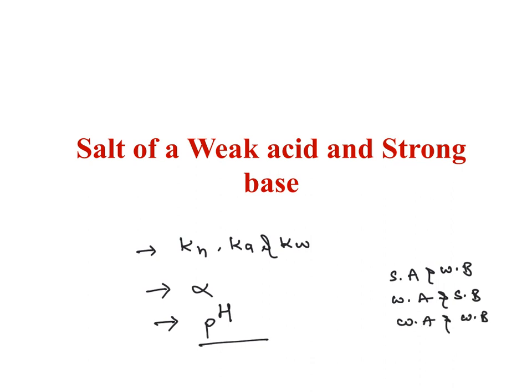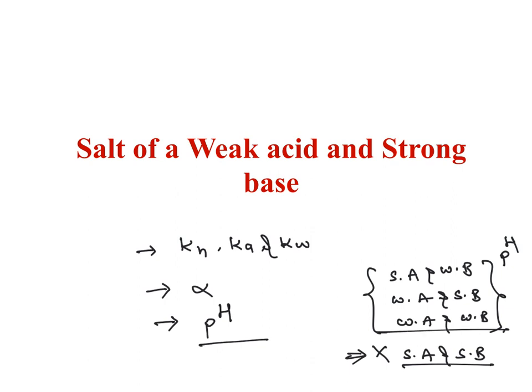In these three cases we observe salt hydrolysis, and we cannot observe it with a strong acid, strong base salt. In the previous class we discussed the example sodium chloride, and why it does not involve salt hydrolysis. For these three cases we have to derive the pH expression in terms of Ka or Kb or Kw.